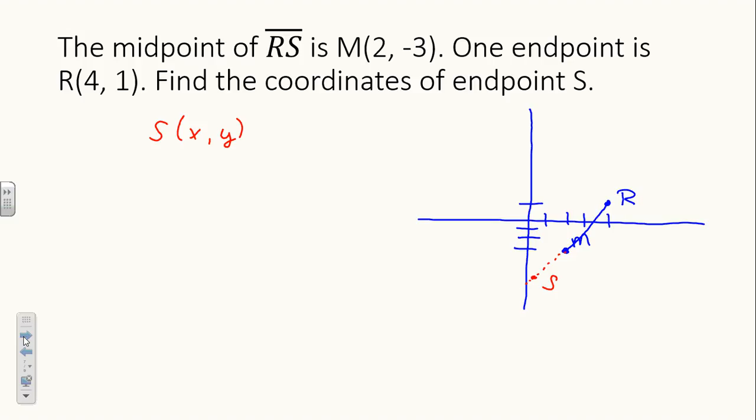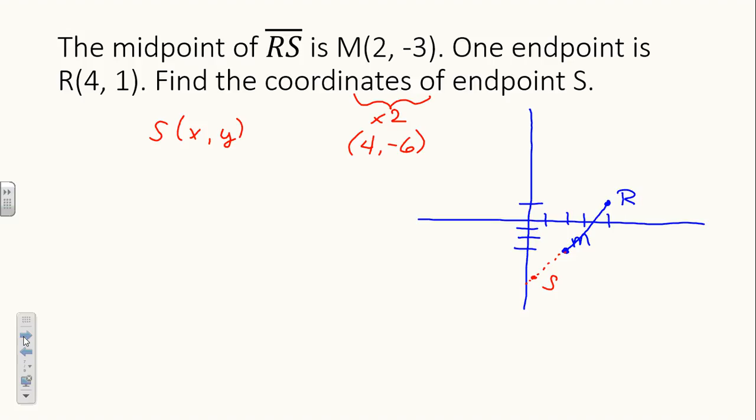So if we want to get back to the endpoints, we would have to multiply by 2. Okay? So, if we multiply this midpoint by 2, we would have 4, -6, wouldn't we? Okay? And we have to do something with R and that 4, -6 to come up with our S.